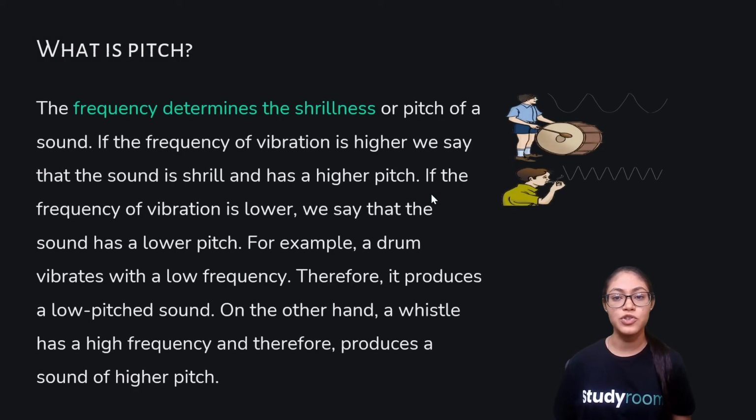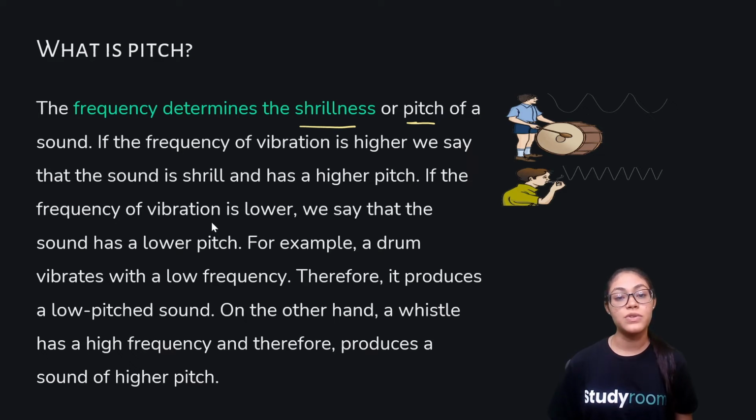Now, what is pitch? I kept saying low pitch and high pitch, but what is it exactly? The frequency determines the shrillness or pitch of the sound. So, pitch is nothing but the shrillness of the sound. If the frequency of the vibration is higher, we say that the sound is shrill or has a high pitch.